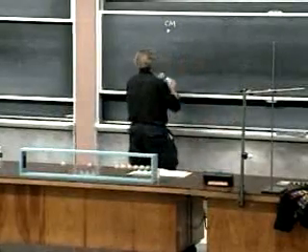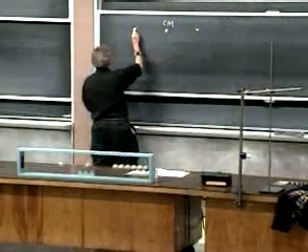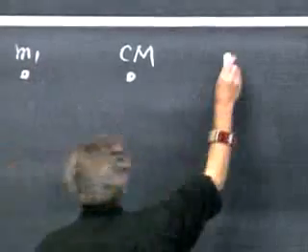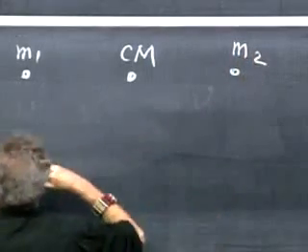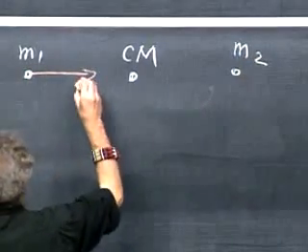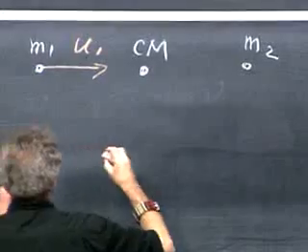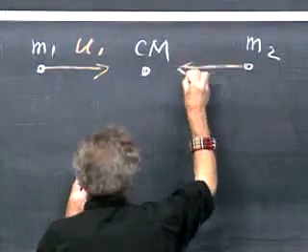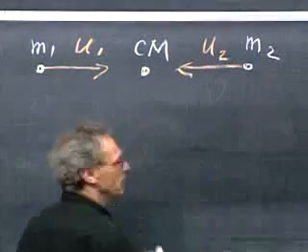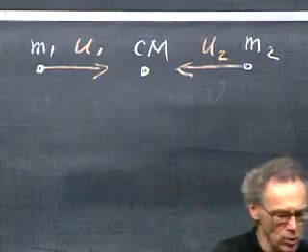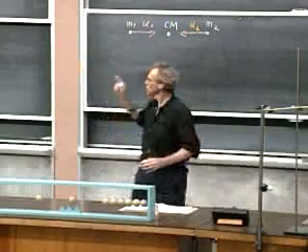First, we have a particle m1, and we have a particle m2, and let this one, in the center of mass frame, have a velocity u1, and this one in the center of mass frame has a velocity u2. I give it specifically u's, so that you can separate the u's from the v's.